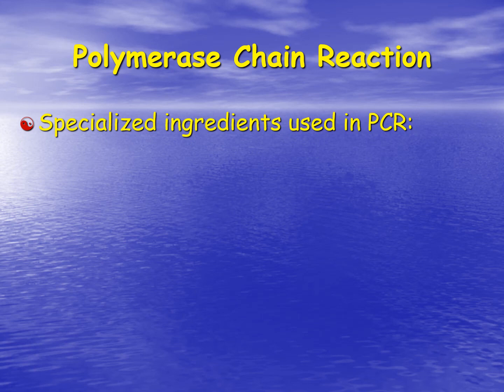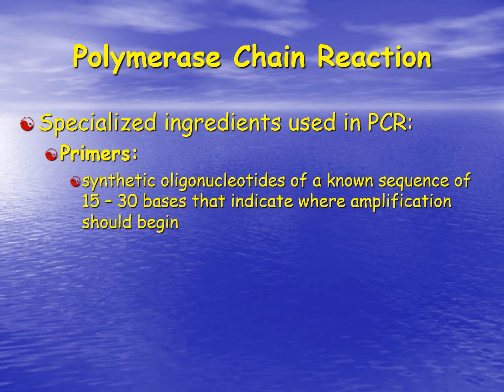And so the specialized ingredients that we use in PCR, the RNA primers, we actually can make these so that we know that they're going to bind at specific sites on the denatured DNA. So they're synthetic oligonucleotides of a known sequence of about 15 to 30 base pairs of RNA that indicate where the amplification process should begin.